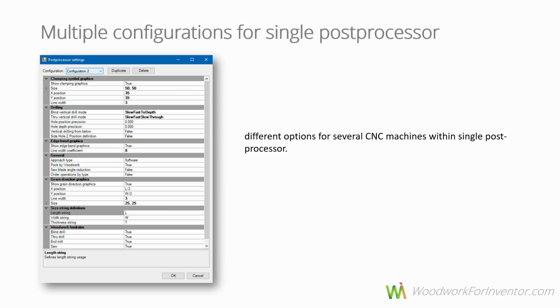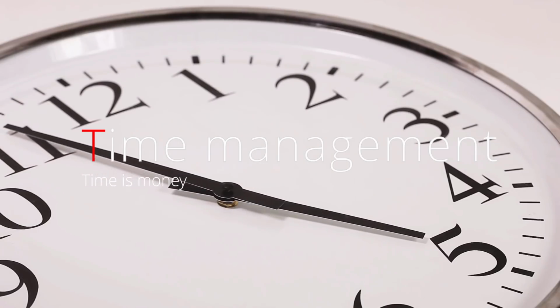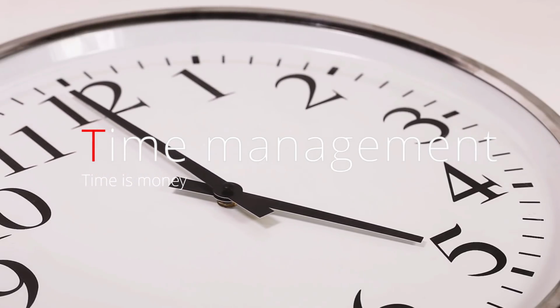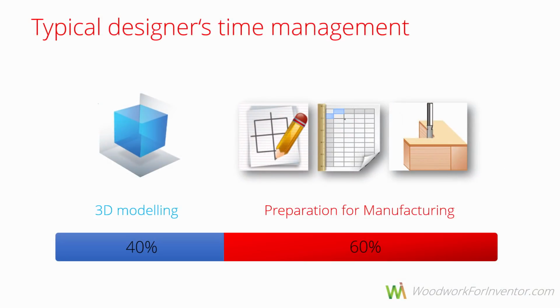Okay, now let's see how much time we can save using Woodwork for Inventor. There is a very rough estimation we got from our customers. Most of them say that on the 3D modeling they spend about 40% of their designer time, and the rest 60% is spent on the data preparation for manufacturing.